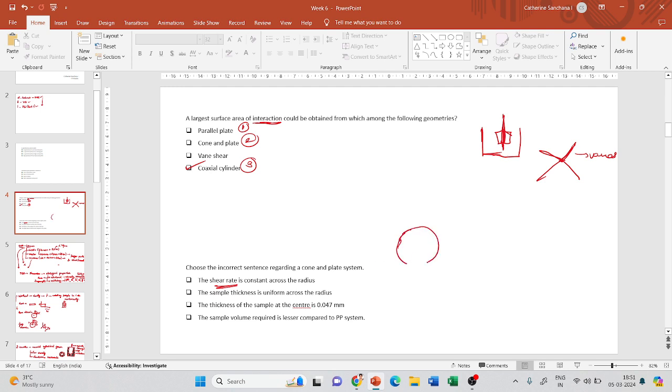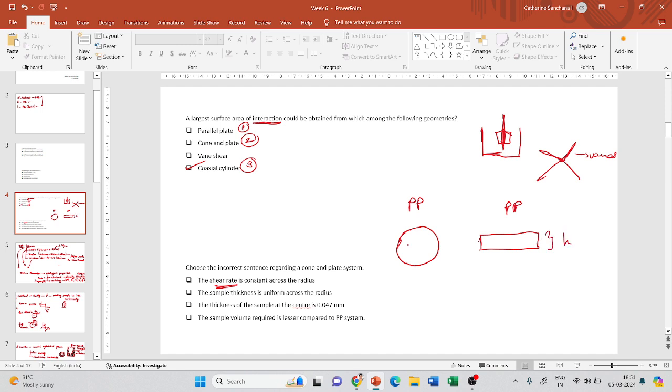This is my parallel plate sample in the top view, and this is my parallel plate sample in the longitudinal view, the elevation kind of view. Now I told you that the shear rate is constant with height, right?